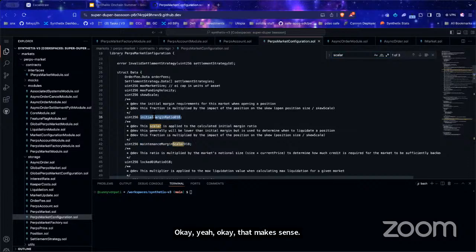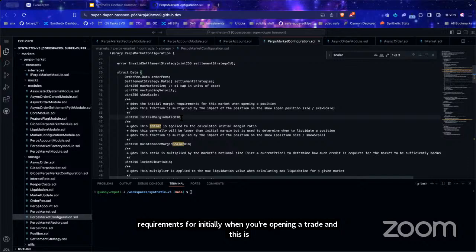So the initial margin ratio is essentially, when you're opening a position, we want a pretty generous amount. This is a value that the Spartan Council decides on. The larger this ratio is, the higher the margin requirements are initially when you're opening a trade, and this is per market.